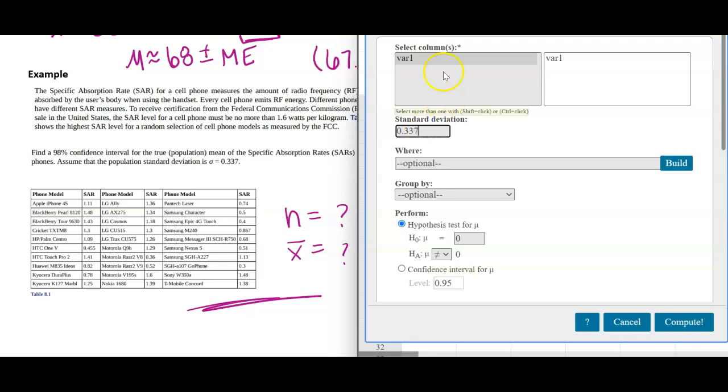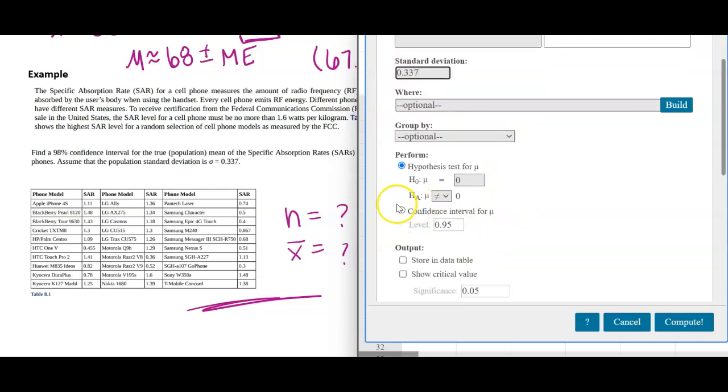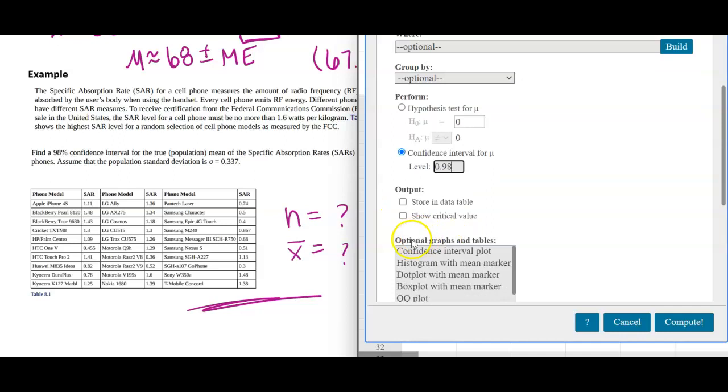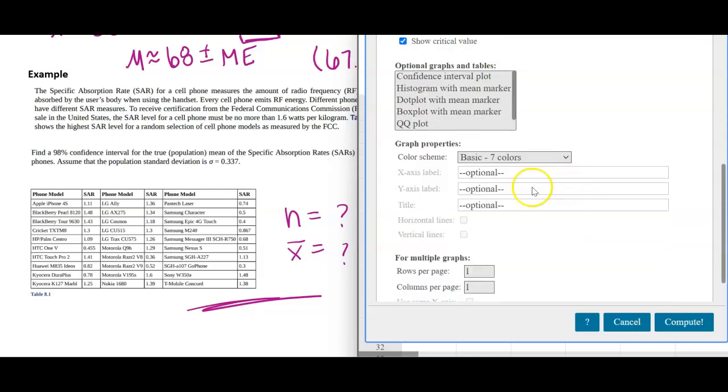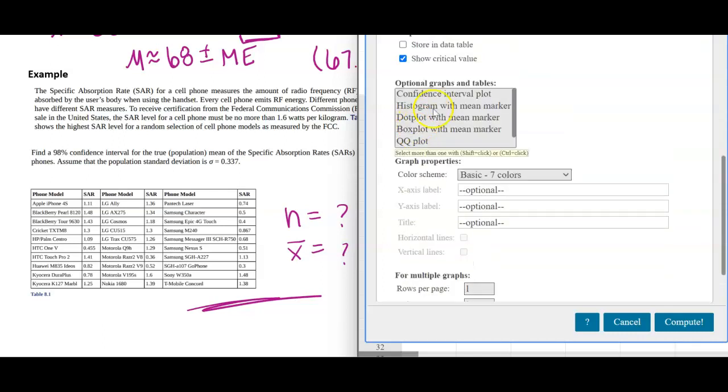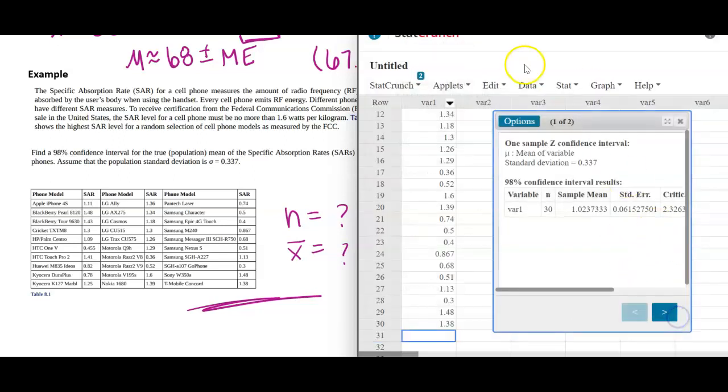I guess otherwise I'd use the sample standard deviation, but then it wouldn't be a Z. So put that in there. No group by confidence level. It wants a 98%. Yes, show the critical value. And let's not worry about any of those. I guess we could do a box plot. That would be fine. Okay, compute.